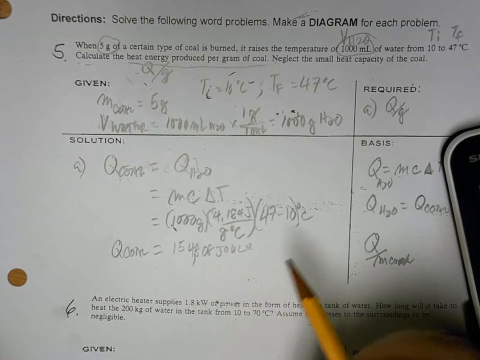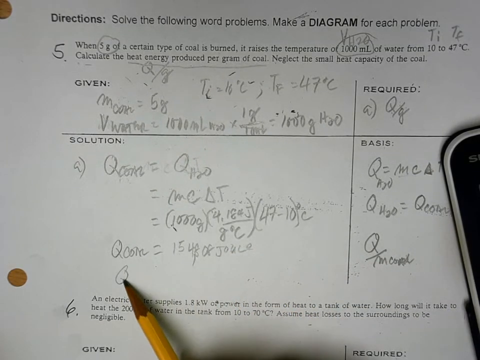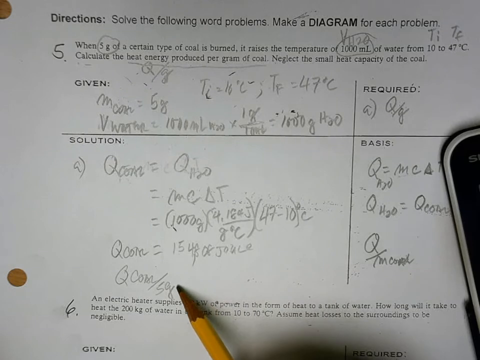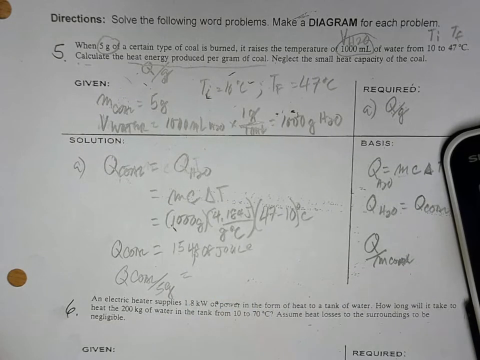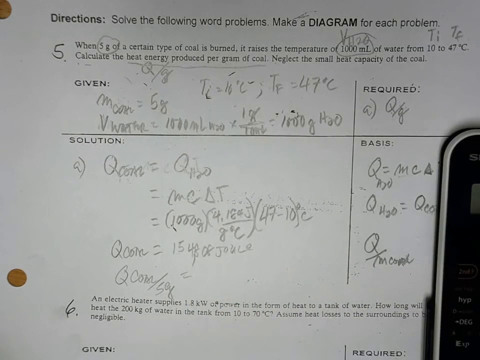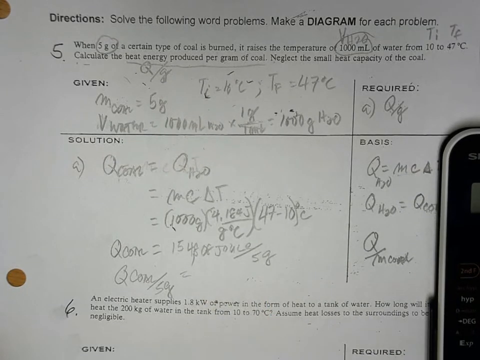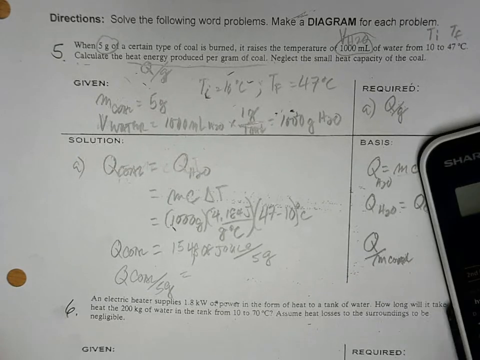Okay? And then we have to get Q coal divided by 5 grams of coal. And so you divide this by 5 grams. Okay, and that looks like the answer.